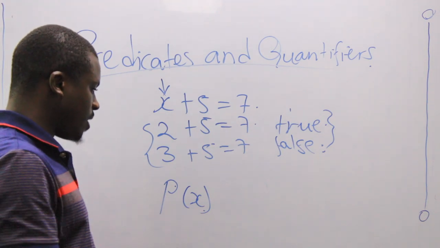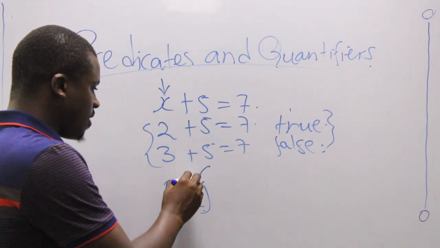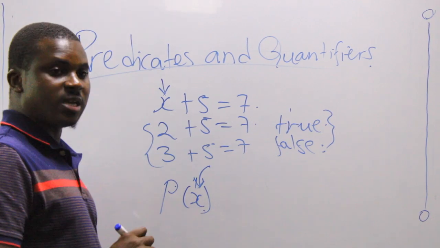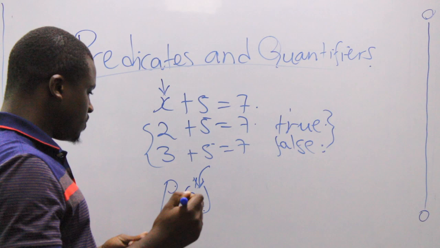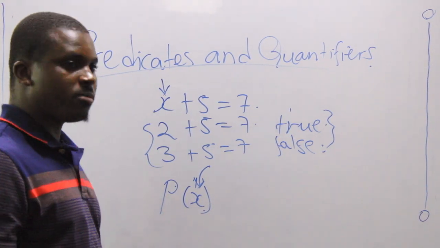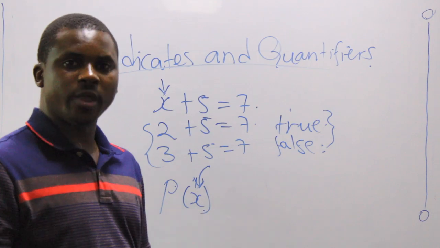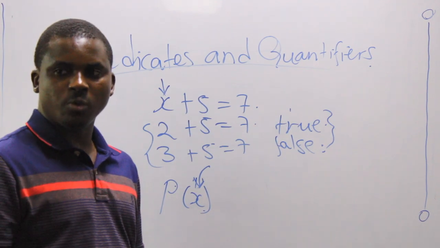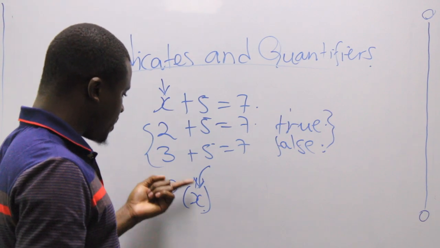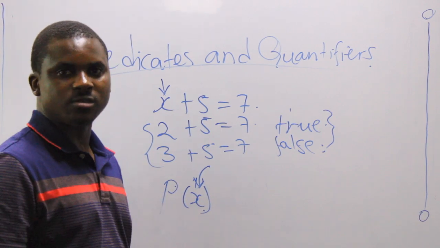X is our variable, and then it will be P of x. That's a predicate. So team, this variable will be coming from the domain. We have what we call a universe or a domain, which will be the values where this predicate is defined.